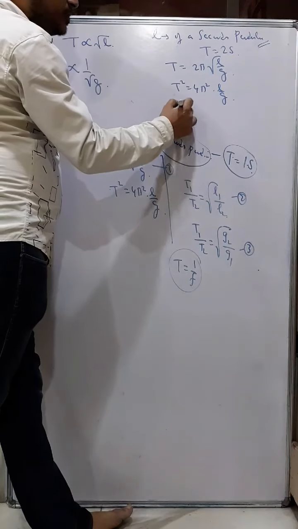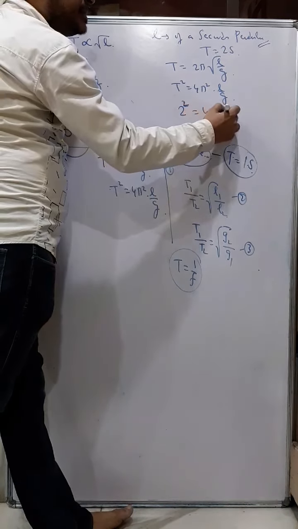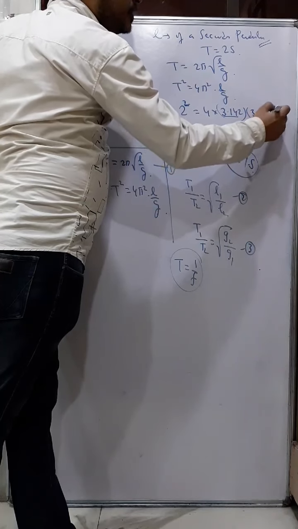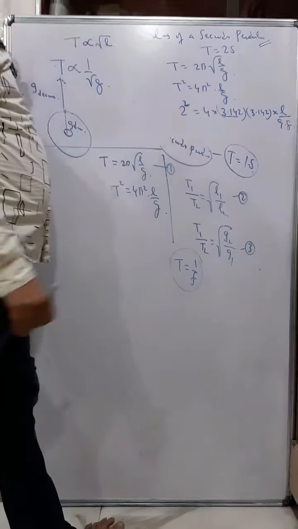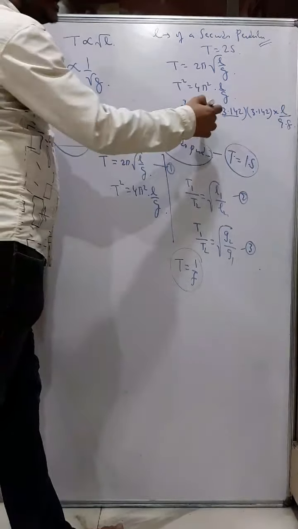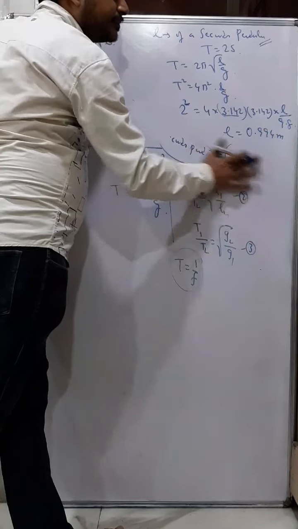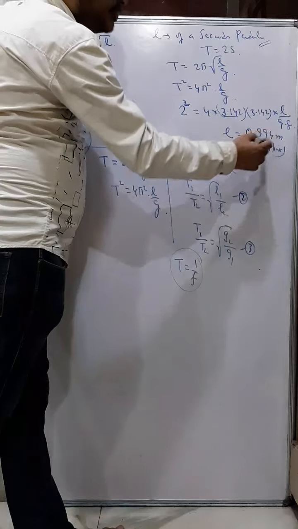So here we will get 2 square, that is 4, and this is 4, and for pi suppose I take 3.142, or 3.14 also, then L, and for G, 9.8. So when we calculate this, finally we get the length of the seconds pendulum as approximately 0.994 meter.